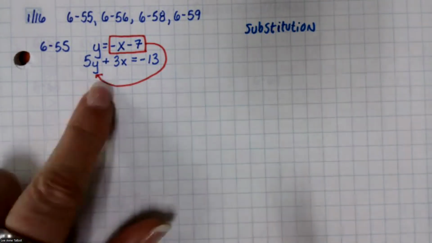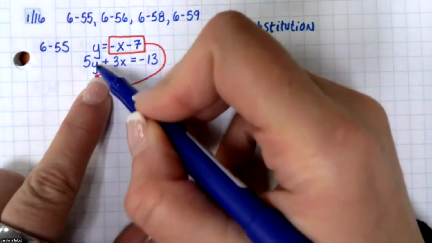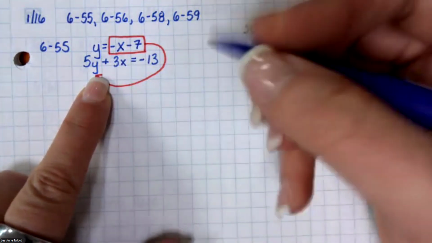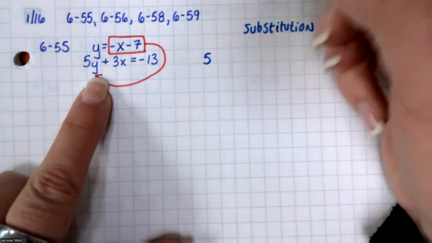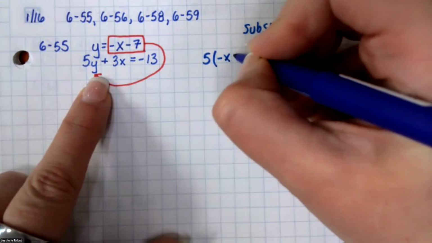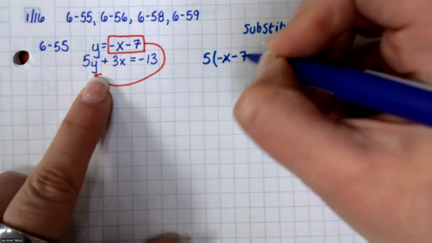What that means is I'm going to take this y out and I'm going to replace it, substitute it with these things. So I start with 5, and then the y becomes this in parentheses.